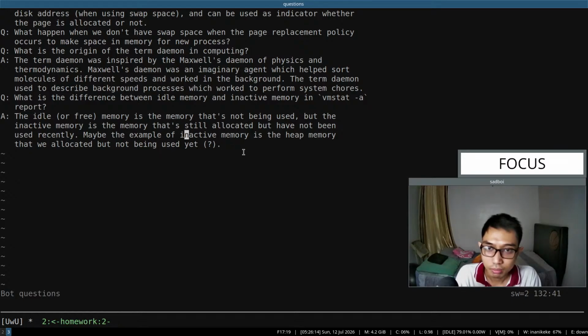Maybe the inactive memory is something like the heap memory that we allocate but do not use yet. Maybe, I'm still not sure. That's why there's a question mark here.